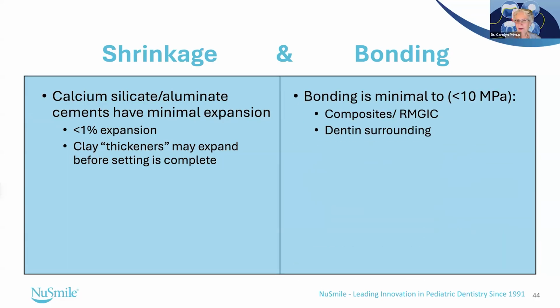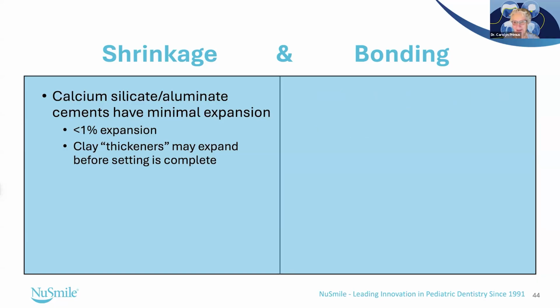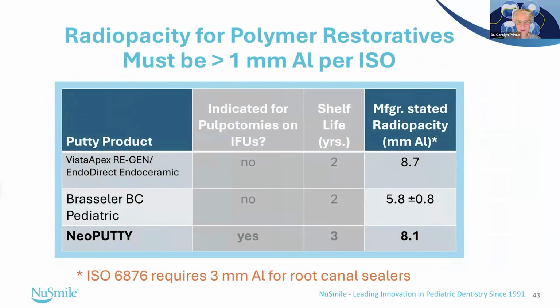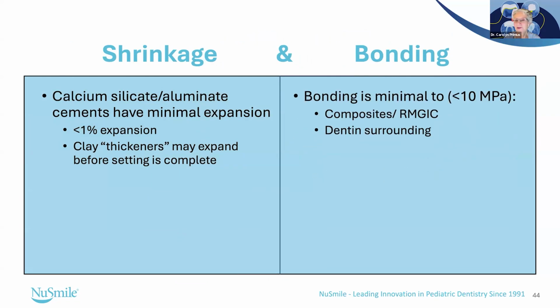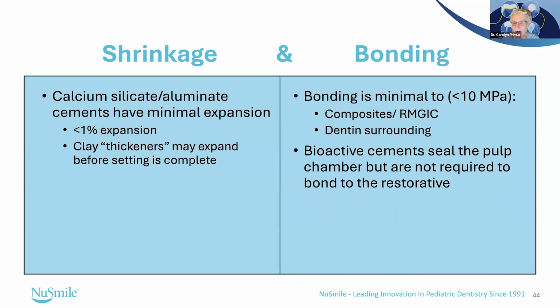And people publish a lot of papers about bonding, but the funny thing about this to me is, well, this is not funny when my thing doesn't work, that the bonding is going to be minimal between a composite and a bioactive cement or a bioactive cement and the surrounding dentin, because you want to put a bioactive cement to heal and seal the pulp chamber, but these materials are not really designed to be bonded to the restorative material.